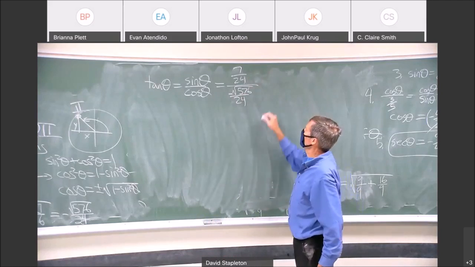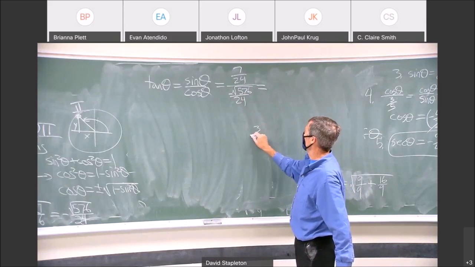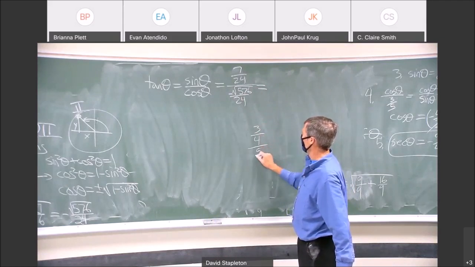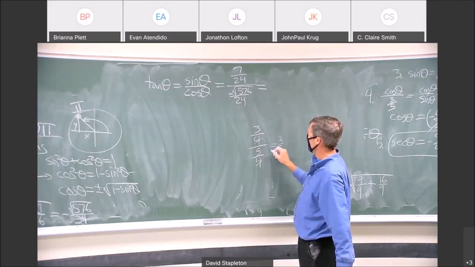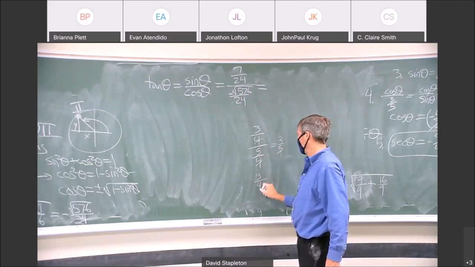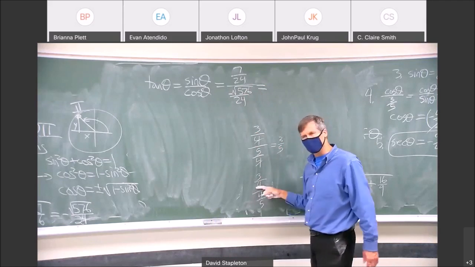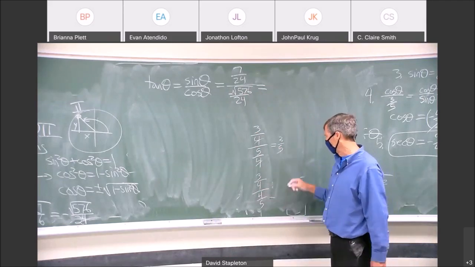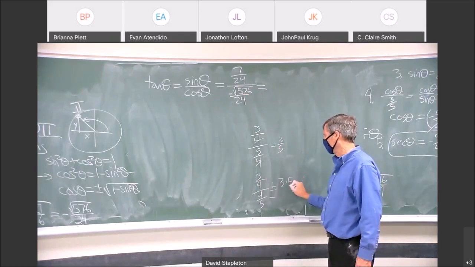I'm going to recommend in general that what you do is, here's the trick. If you take 3/4 over 5/4, what's this quotient? The 4's cancel and you have 3/5. But what if I have 3/4 over 4/5? You might be tempted to cancel the 4's, right? They don't cancel. The rule is you take top times bottom over middle times middle: 3 times 5 over 4 times 4.